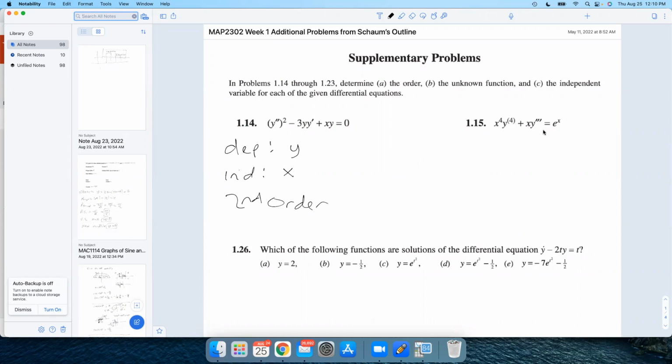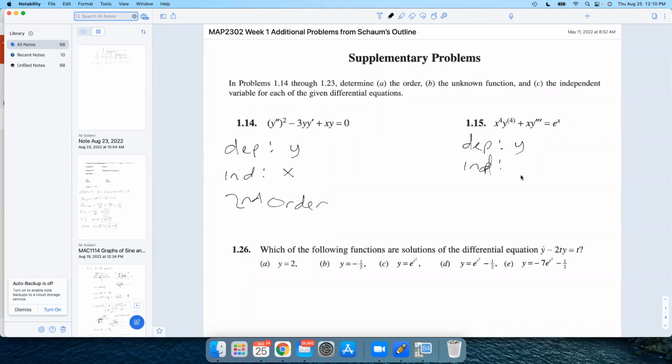Okay, let's look at this one. Same idea. My dependent variable here, I can tell is x because I've got y primes. Oh, sorry. Dependent is y. Independent, this is what I was saying, has to be x because the one with the prime is dependent.